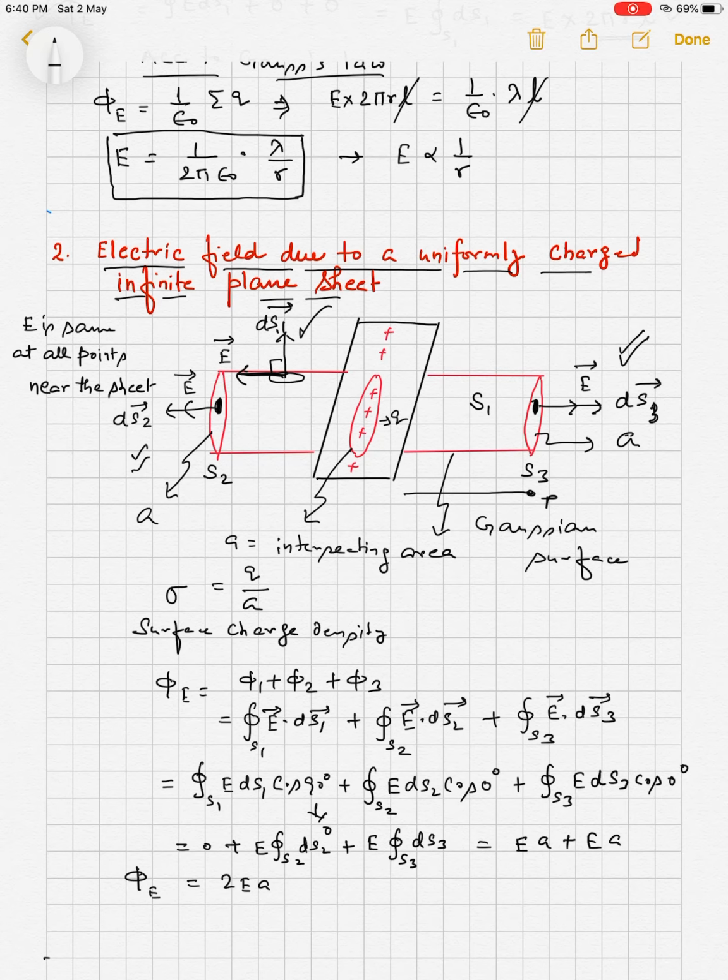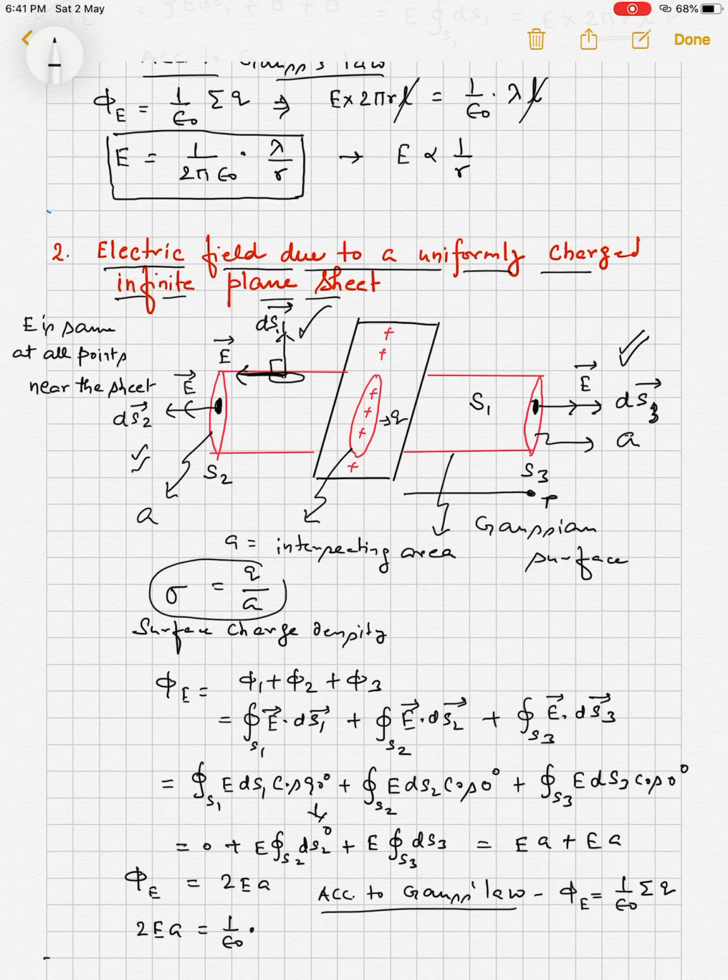Now according to Gauss law, we have phi E is equal to 1 upon epsilon naught times sigma q. So phi E is 2EA, equal to 1 upon epsilon naught times sigma q.